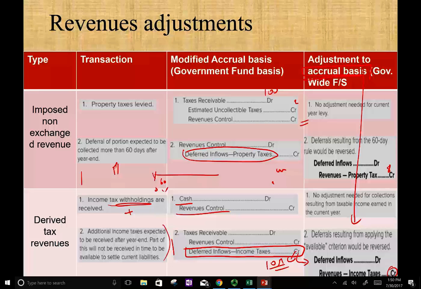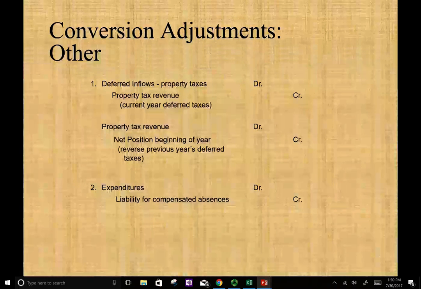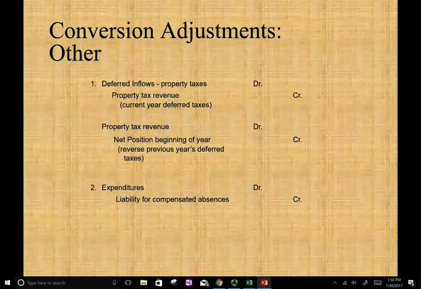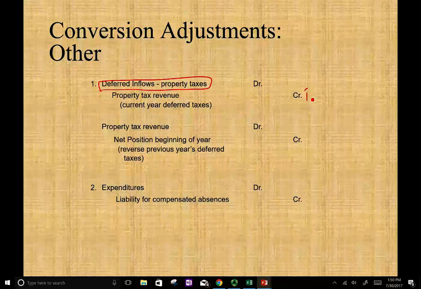Now, having said so, any deferred revenue we booked the prior year will have to be reversed, and we're going to see this in a moment. Those are the adjusting entries that we will need to make. One is deferred inflow. It's going to have to be debited, and current year tax revenue will go up.